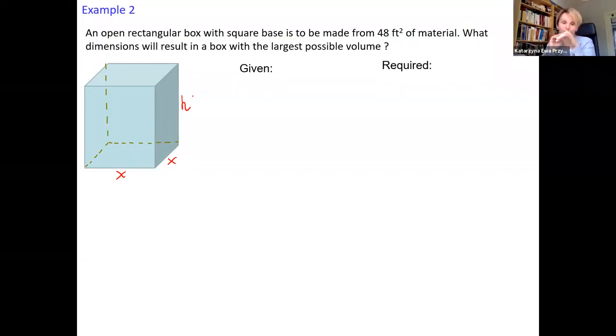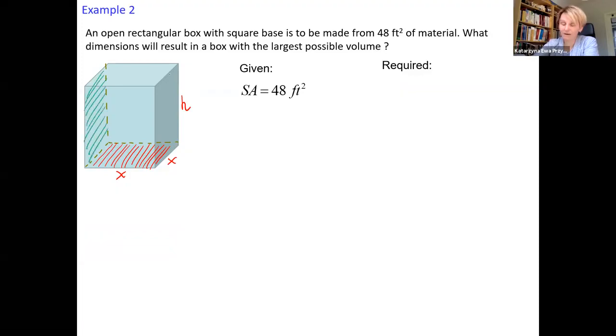We have no top because it's open. 48 is simply the surface area. Like how we can build this, we need 48 square feet of material. And in order to build this, we will need the base, which is X times X, X squared, and we need 4 sides.